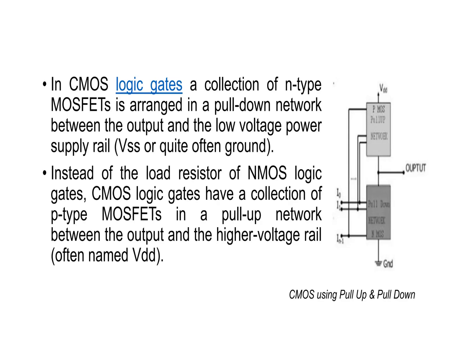In CMOS logic gates, a collection of n-type MOSFETs is arranged in a pull-down network between the output and the ground, and instead of the load resistance of an NMOS logic gate, a CMOS logic gate has a collection of p-type MOSFETs in the pull-up network between the output and the supply VDD.